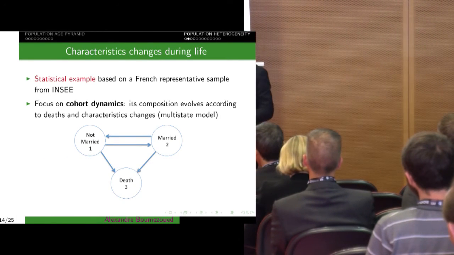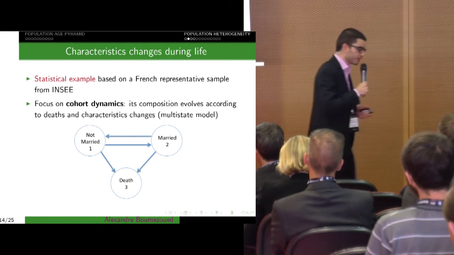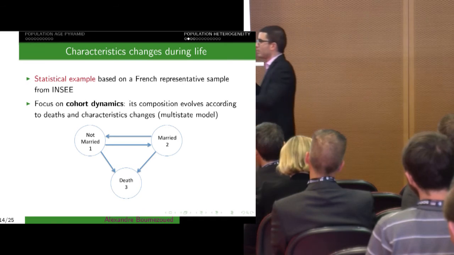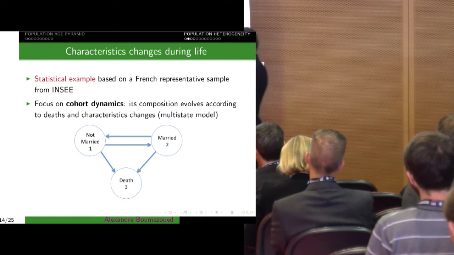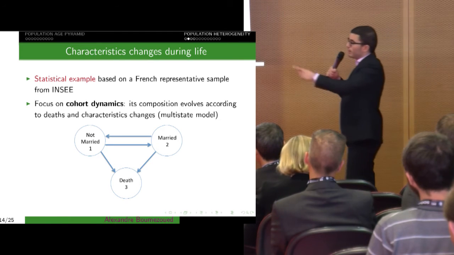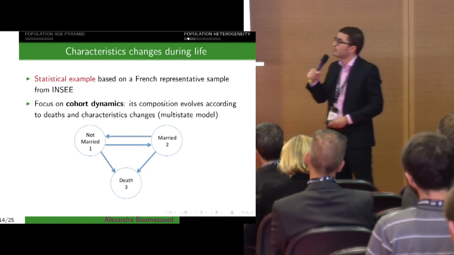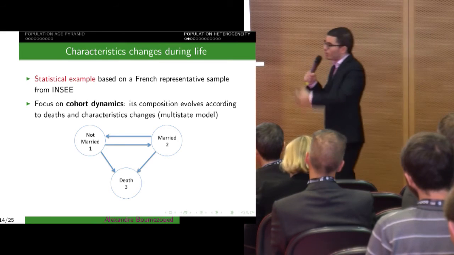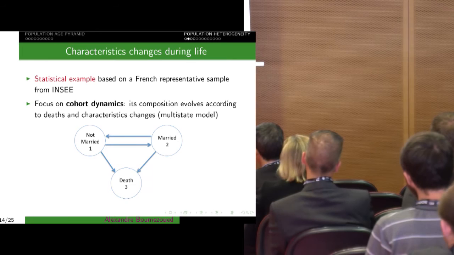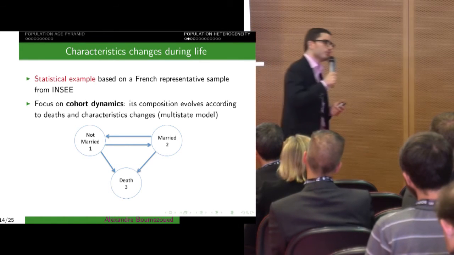I just wanted to illustrate the impact of these characteristic changes on aggregate mortality, first by focusing on a cohort, with no dreams because it is a statistical example, and then propose a dream on the cohort effect at the end of the talk. Quentin Guibert will talk in further detail about multi-state models, but here I present one simple model.